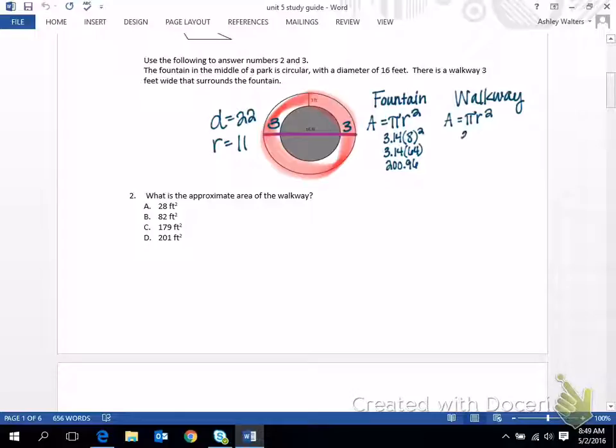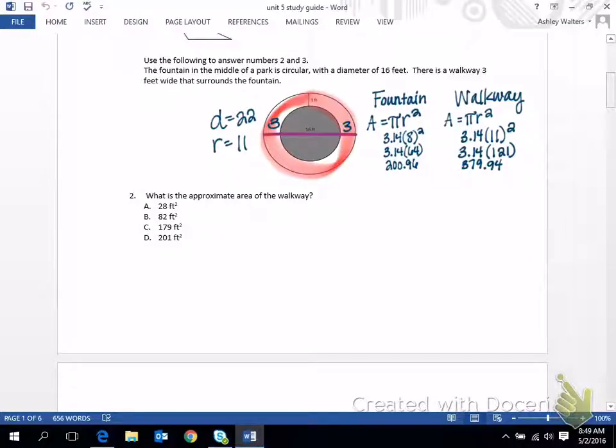So as we fill this in, it'll be 3.14 times 11 squared. 11 squared is 121, so 3.14 times 121. And 121 times 3.14 is 379.94.